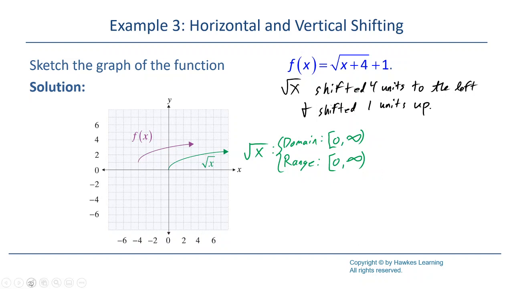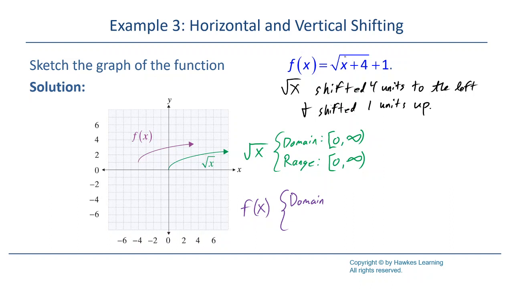But notice with f of x, which is the shift to the left and also the shift up, that has affected your domain and range both. So for f of x, notice the domain, the way that it's gone is, I now can't get below the value of 1 because of this plus 1 here.